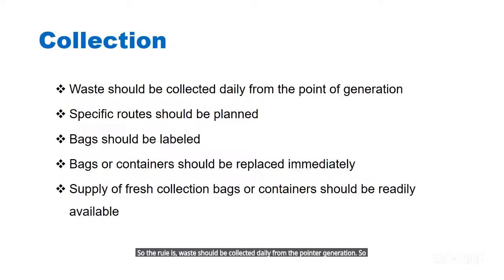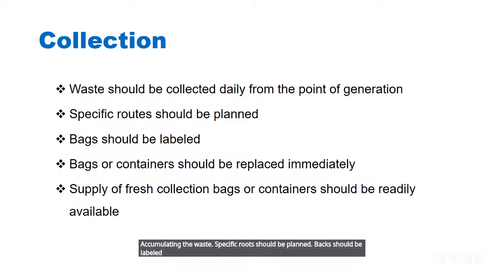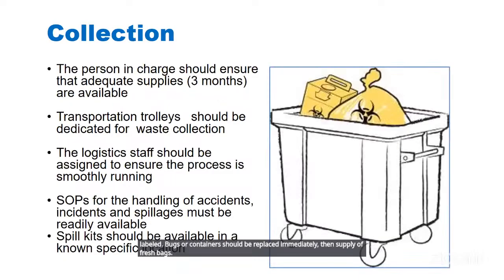If you are not generating much, we have small waste containers of 5 liters, which we can use to avoid accumulating the waste. Specific routes should be planned, bags should be labeled, bags or containers should be replaced immediately, and a supply of fresh bags or containers should be provided.